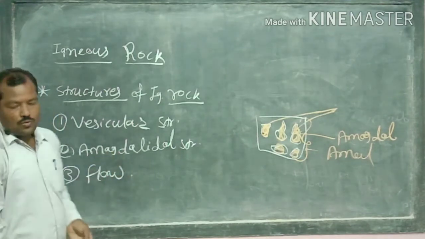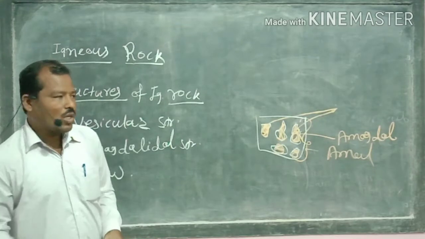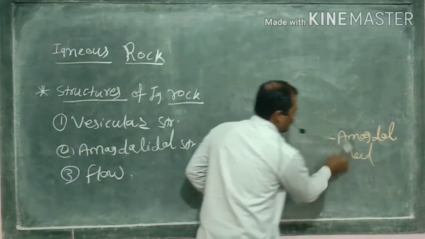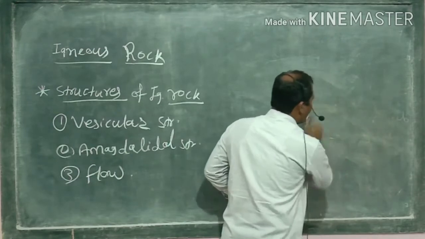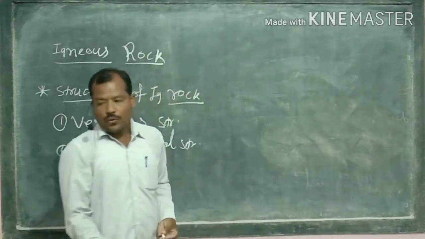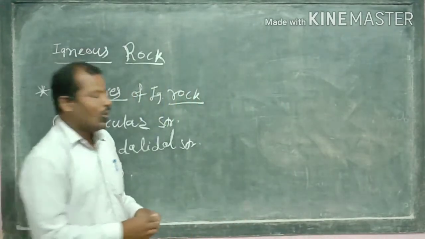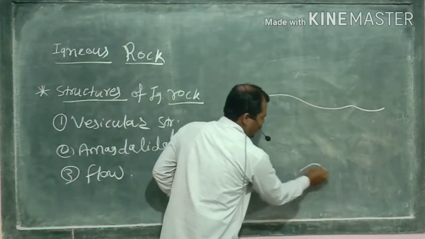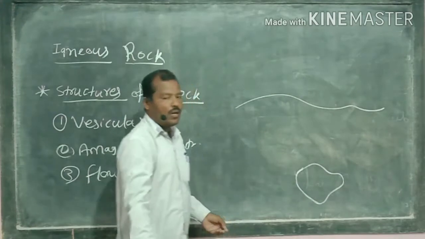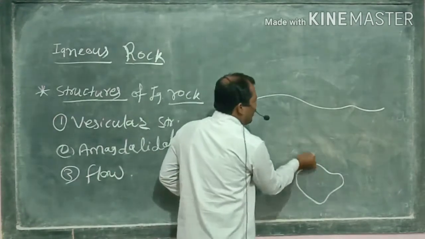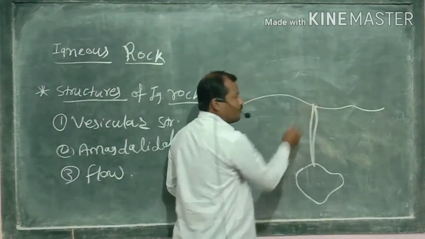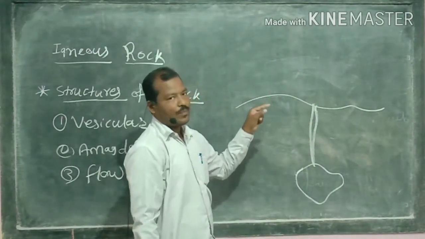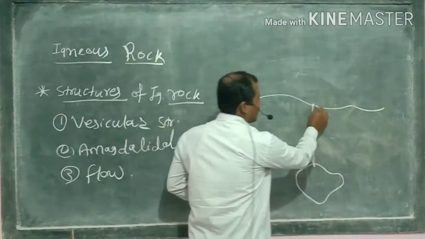Flow structure is one of the simple structures which occur in volcanic rock, mostly in extrusive rock. When magmatic material comes, look at this, this is the earth surface. Here is the magma chamber, and from this magma chamber magmatic material comes and spreads over the earth surface in the form of wings.